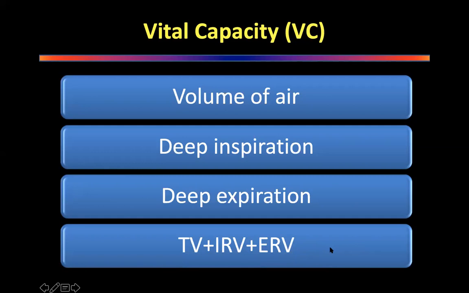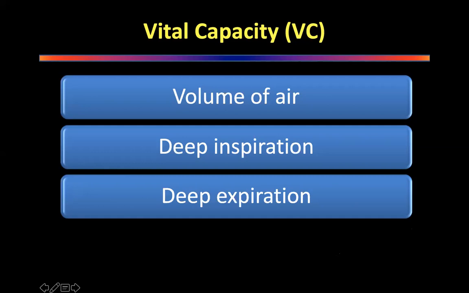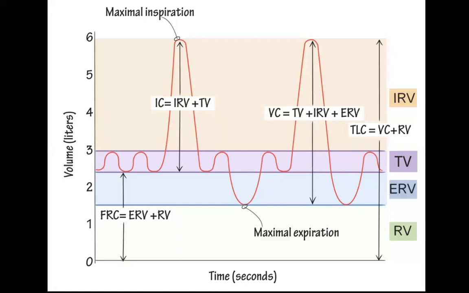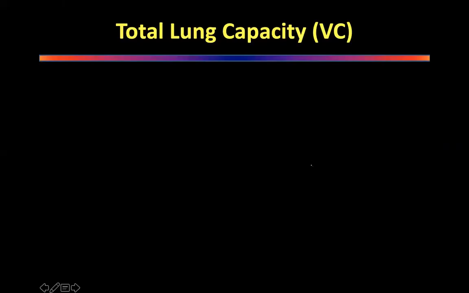The one that you don't include in vital capacity is the residual volume. Is that clear? So RV does not get included in vital capacity. So 1, 2, and 3: beige plus blue plus purple is vital capacity.